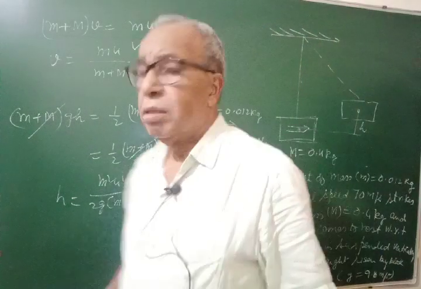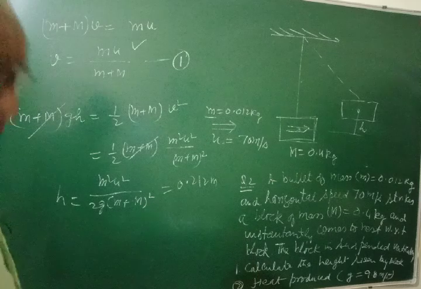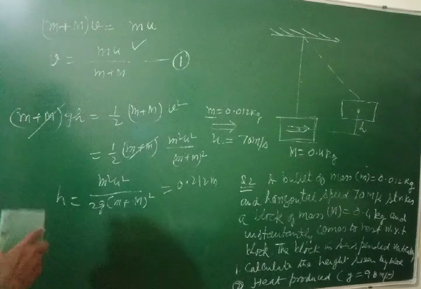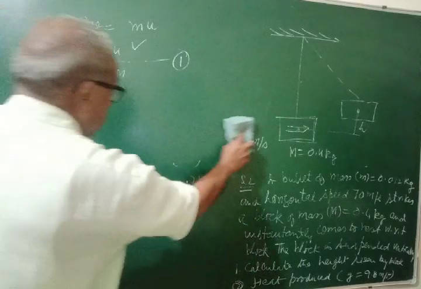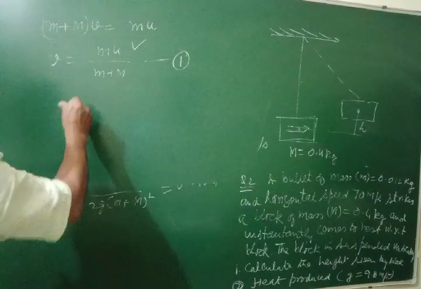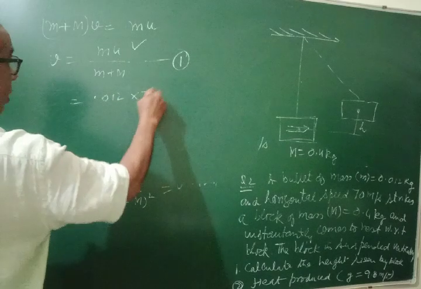Now, how much heat is produced? So here, from equation 1, what will be the velocity after collision? 0.012 into 70 upon 0.412.